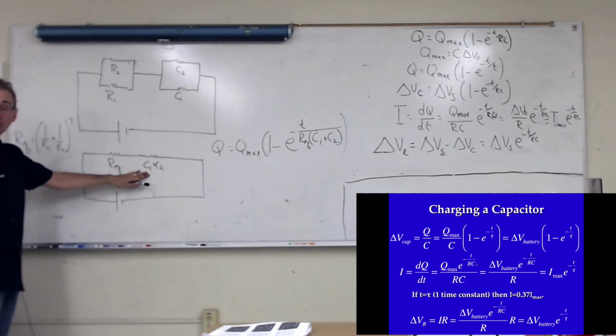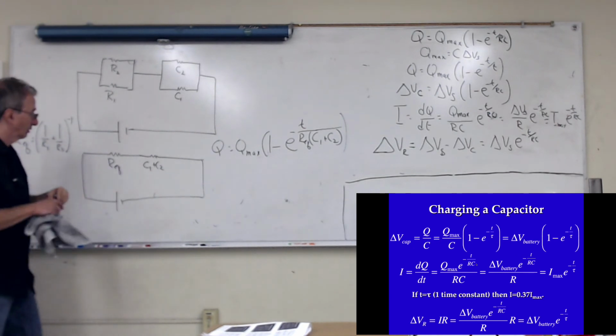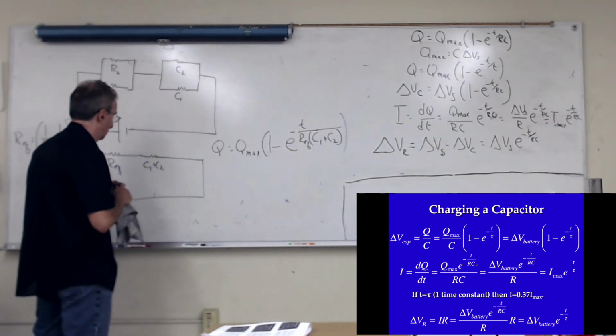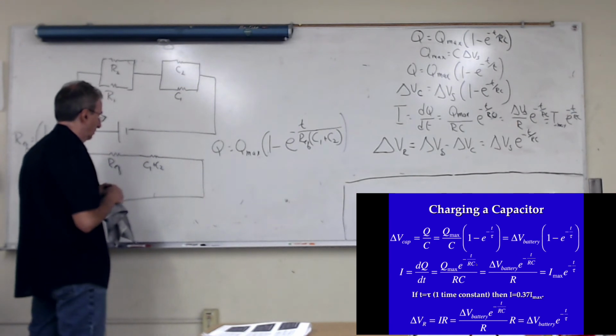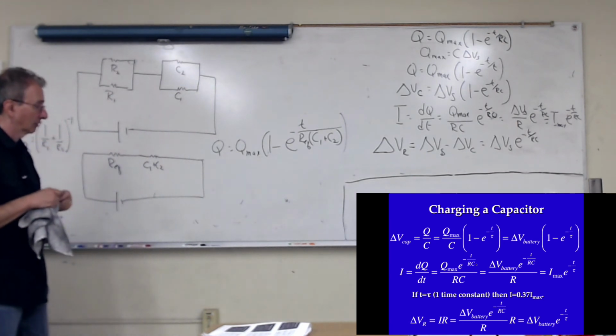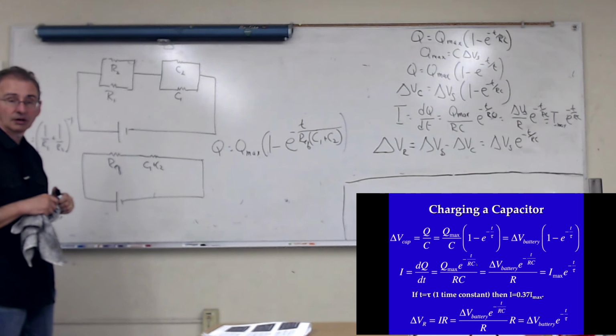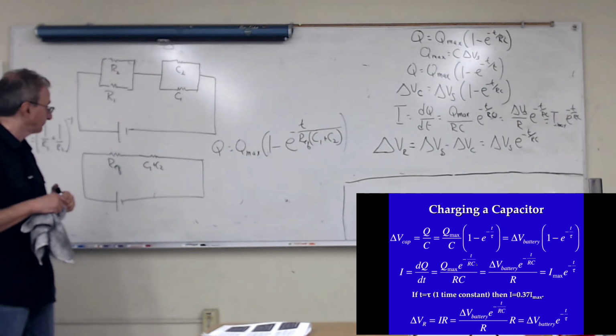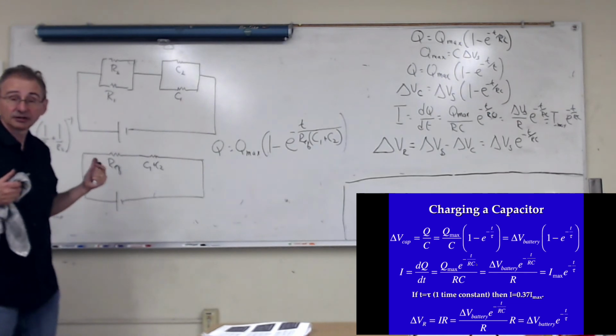Right, now I have a simple RC circuit. Jacob, I think that's just what we went over before, where instead of just using R and C, we're using R equivalent and C1 plus C2 for the C. Yeah, that's it.